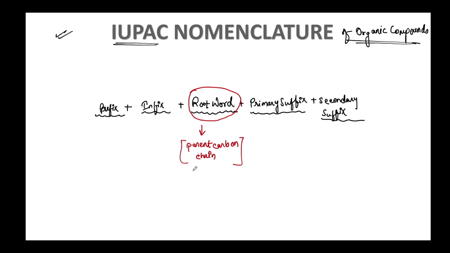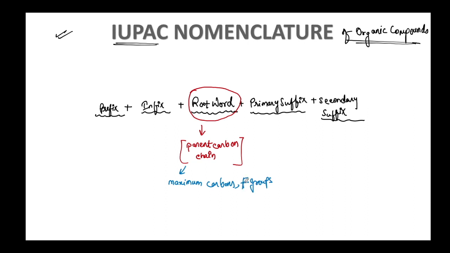And how do you select the parent carbon chain? The parent carbon chain is going to be the one which has maximum carbons, or maximum functional groups. I'm writing F groups over here, that is functional groups.